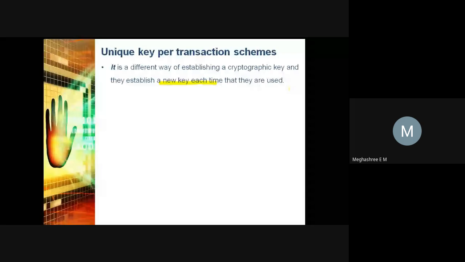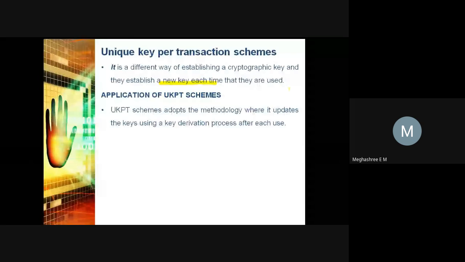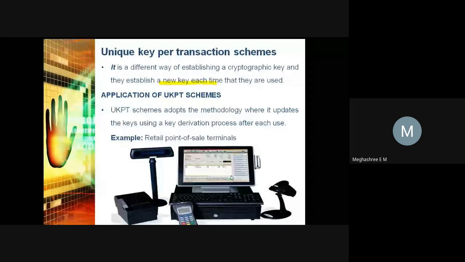So the application of this scheme is at retail point of sales. If you look at this diagram, you can understand where this particular scheme is used. You might have visited many hypermarkets or food bazaar or big bazaar or such hypermarkets, where if you purchase any product, the scanner will be there at the billing counter.